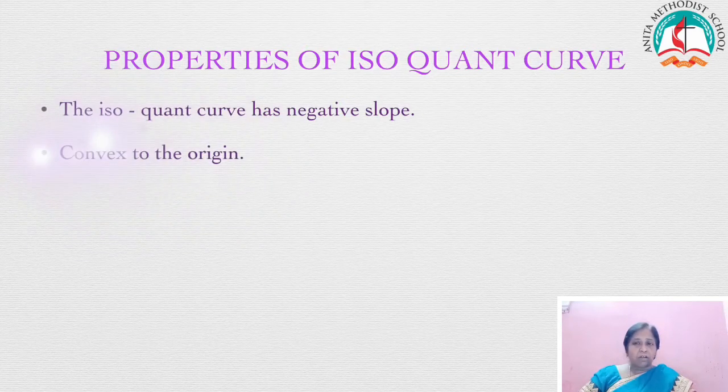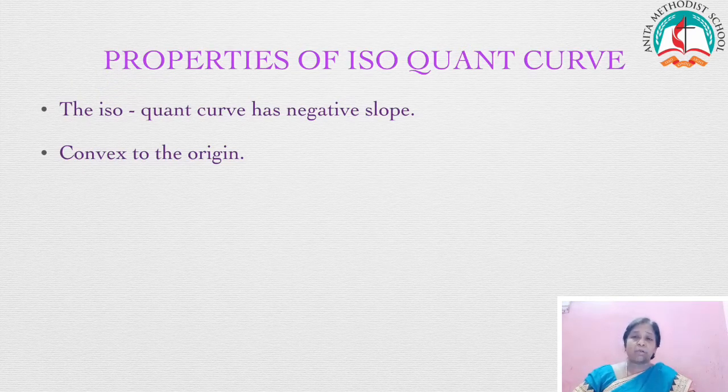The second property is that it is convex to the origin. That means these factors of production are substitutable for each other. When we substitute capital and decrease labor, the isoquant is convex to the origin, and the capital substituted per unit of labor goes on decreasing.